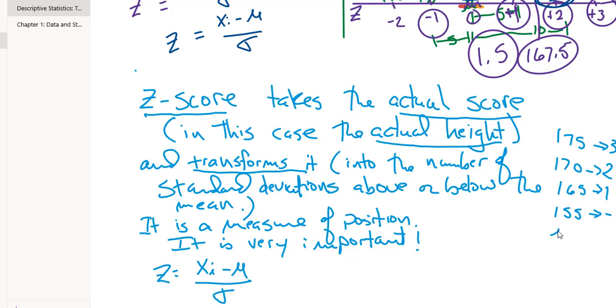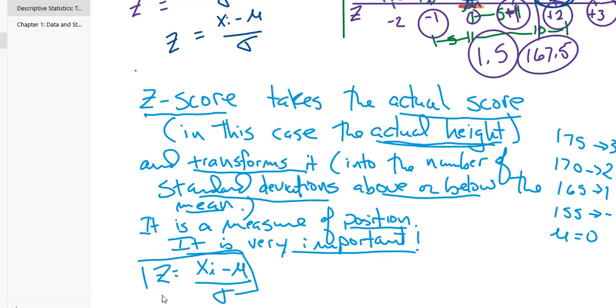And we forgot to mention, but mu itself is transformed to 0. So it takes the actual height and transforms it into a number, the number of standard deviations above or below the mean. So it's a measure of position, and the other measure of position that we've seen are percentiles. It's very important. This is the formula again, and we showed where it comes from. Okay, so that is the z-score.